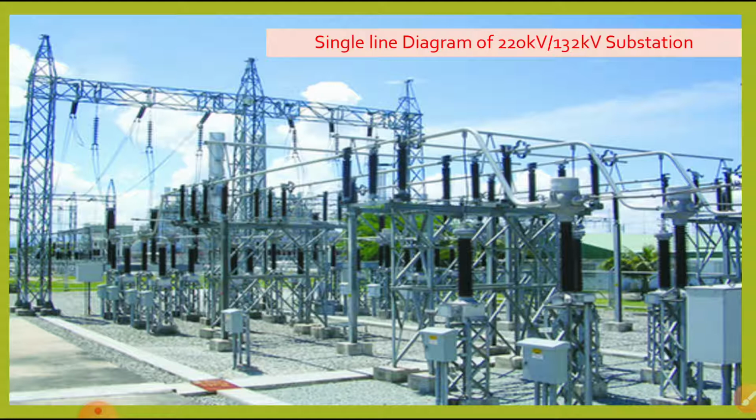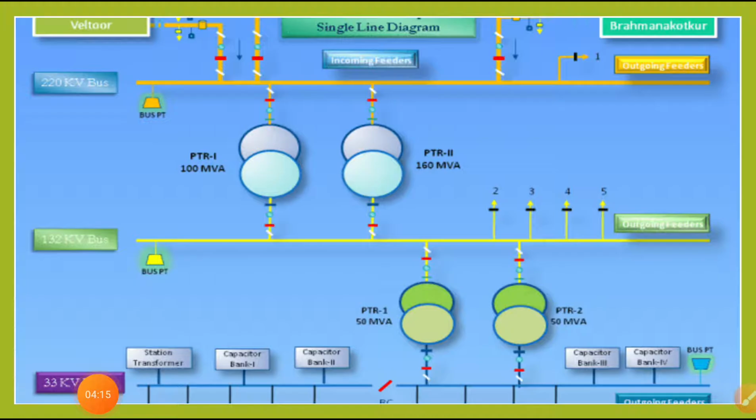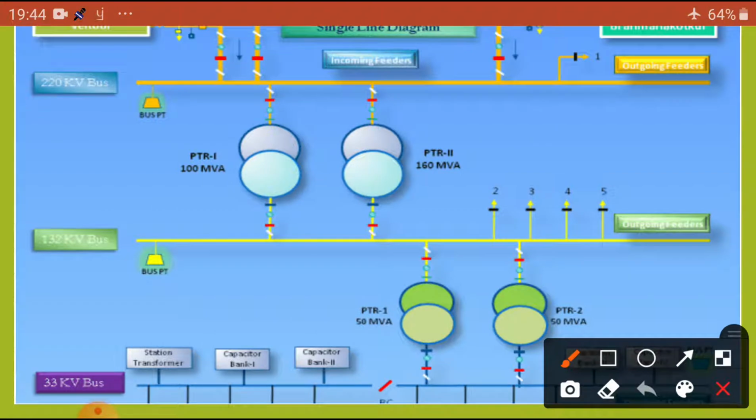Let us concentrate. So, what are the different types of substations based on their functions? Let us see. Dear students, you can observe this is a one line diagram of a substation. For example, this is one practical substation line diagram. Here you can observe the different bus bars.